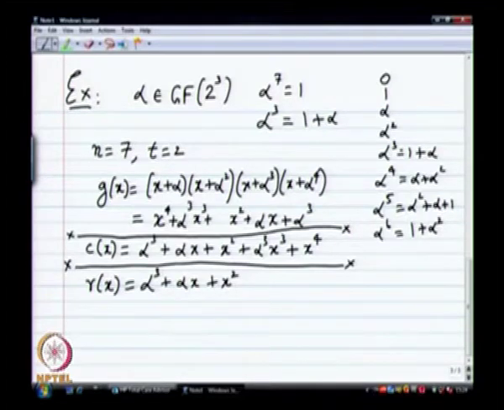Okay. So, you have to compute the 4 syndromes, right. What are the 4 syndromes?